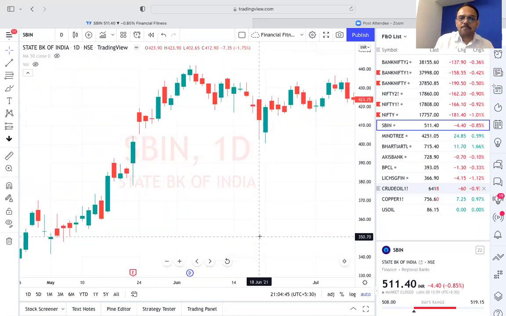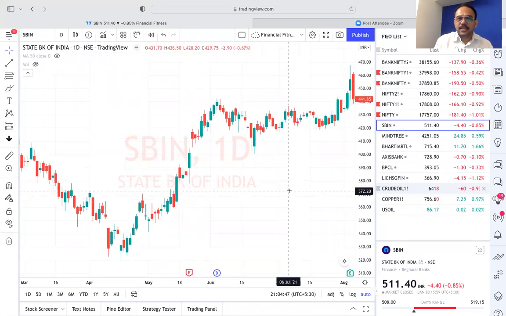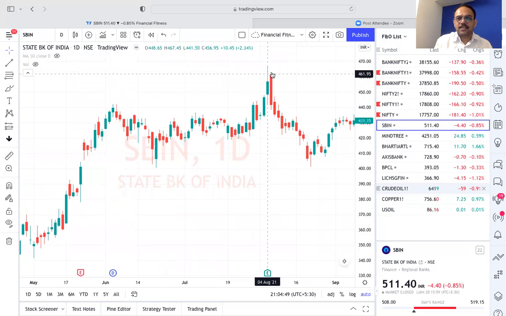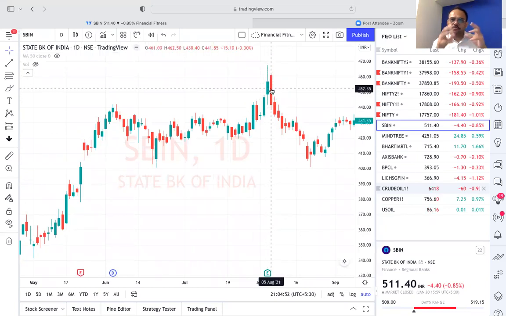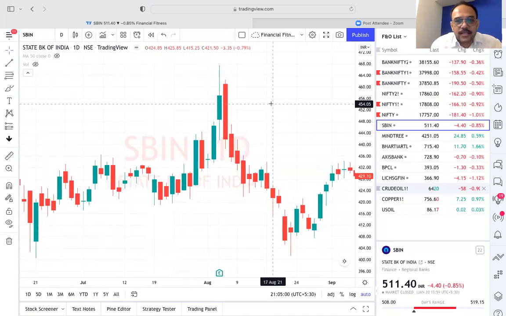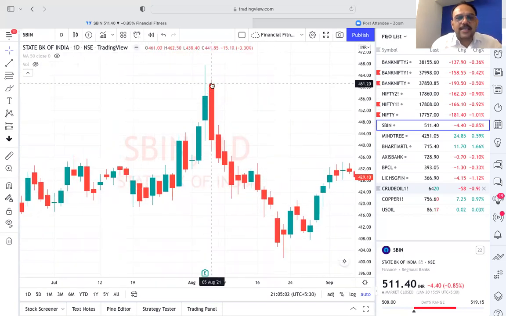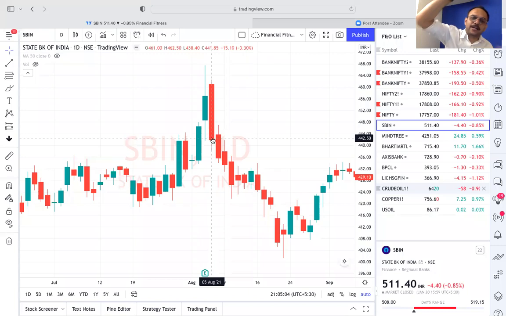After an up move for some time, if you start seeing something like this, it is bearish engulfing, where a small candle is completely covered by the red candle the next day. See here, this green candle is engulfed, it is covered by the red candle. It is called bearish engulfing.